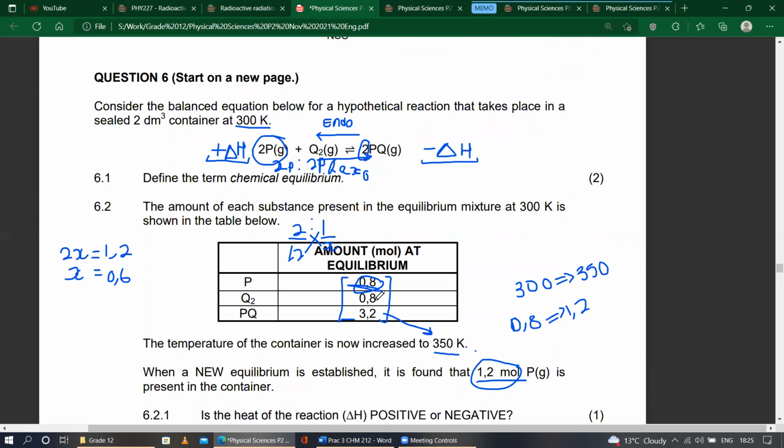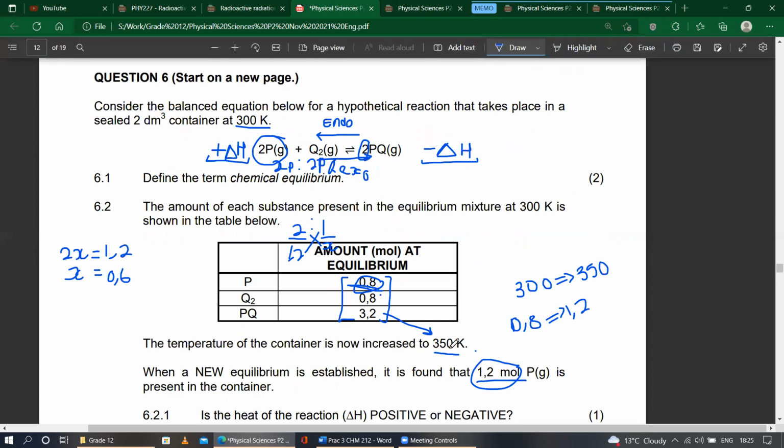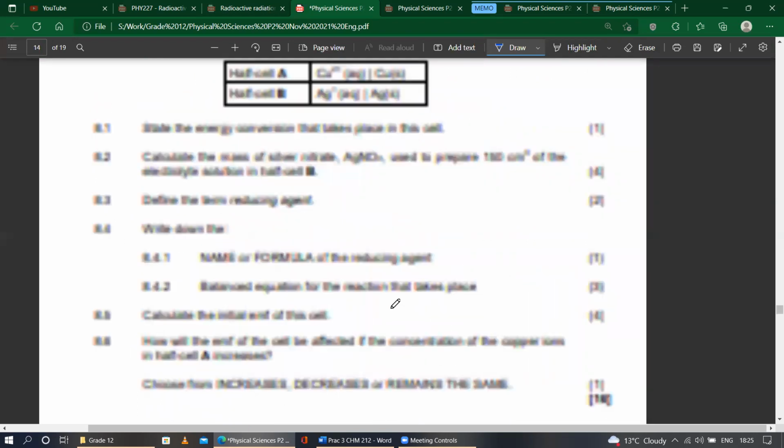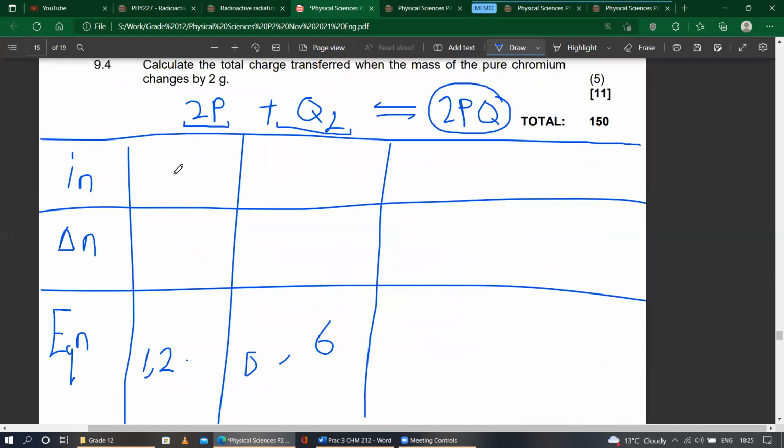So these are the initial conditions of the reaction at 300 Kelvin. So we're just gonna have to write this into our table. I think 0.8, 0.8, and 3.2. So it's gonna be 0.8 moles, and this is also gonna be 0.8 moles. Then this is gonna be 3.2 moles.